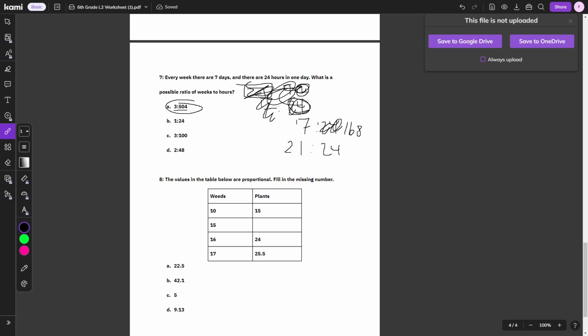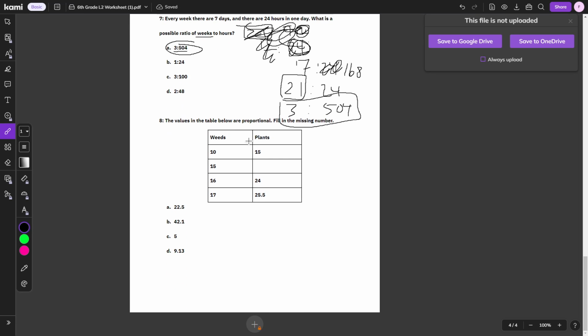What's 24 times 21? The answer to that question is 504. So we have 21 to 504, but this is 3 to 504, so what's different? Weeks. This is days. Since 7 days is 1 week, we convert it to weeks, and that makes it 3, because 21 divided by 7 is 3. So this is our final ratio.